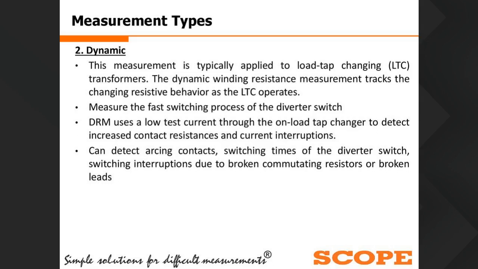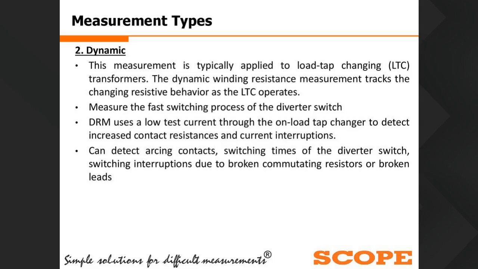The switching time of the OLTC is 40 milliseconds to 60 milliseconds, so we cannot check the typical switching time with the help of the static resistance method. This method checks the switching process of the diverter switch.